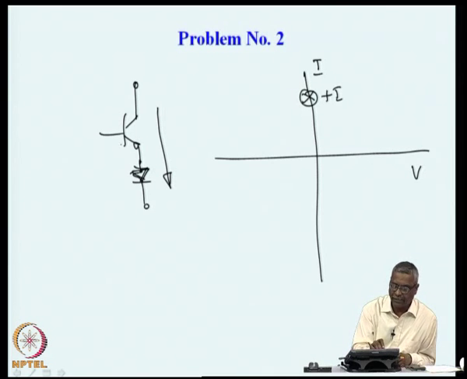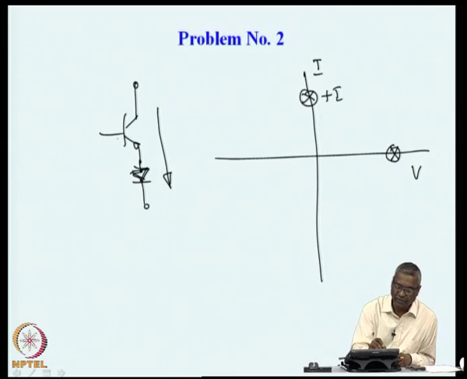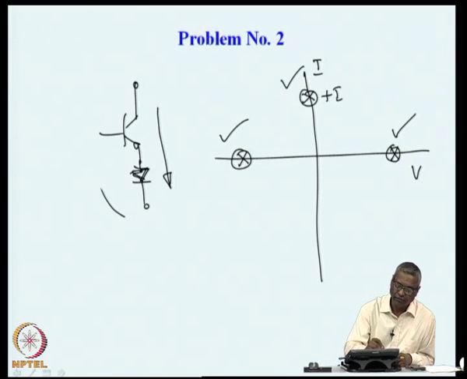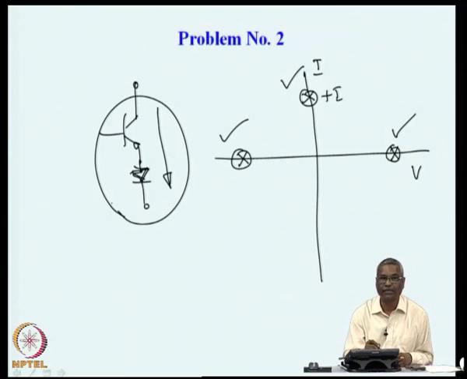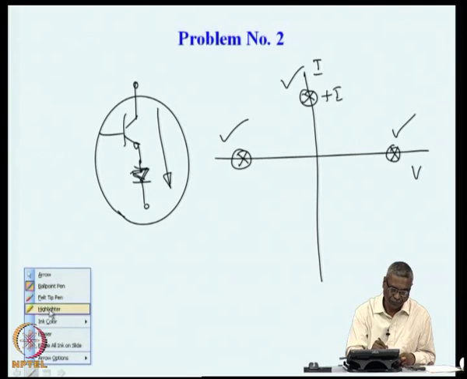When the device is gated off, it is possible to block the positive voltage, and when the device is gated on or off, negative voltage will be blocked because of the series diode. So, we see that it is possible to block negative voltage, block positive voltage, and pass positive current for this combination of device, and these would be the operating points on the VI plane for a combination of a BJT in series with a diode.